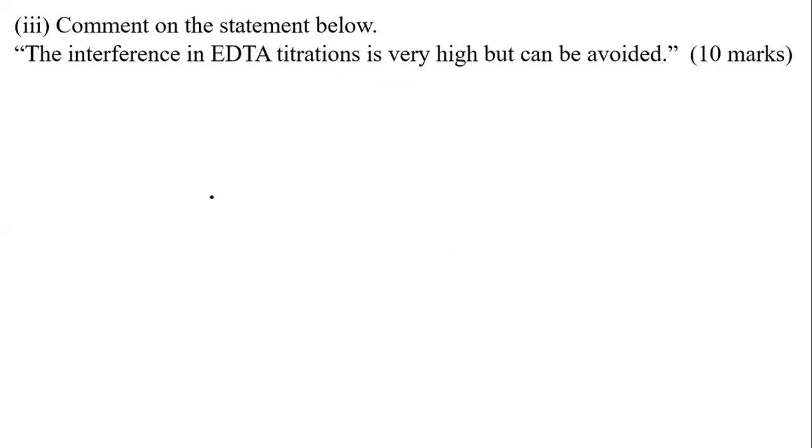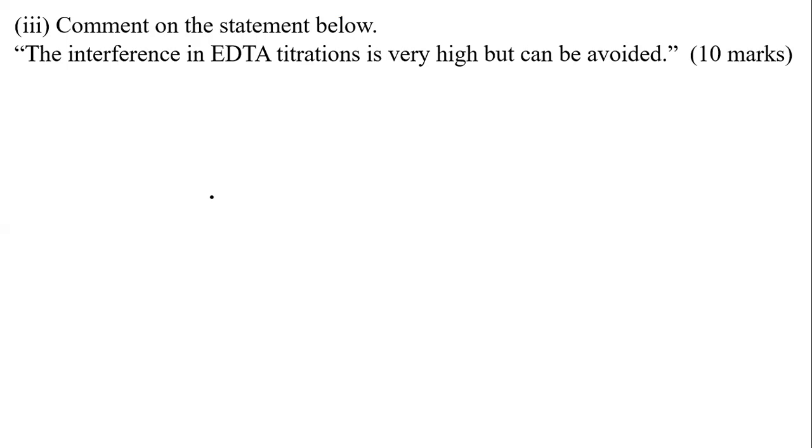Usually, complexometric titrations are done for metal ion determination, and complexes are formed. So the formation constant, KMY, plays a very major role, and that can be changed with the conditions because of the side reactions.